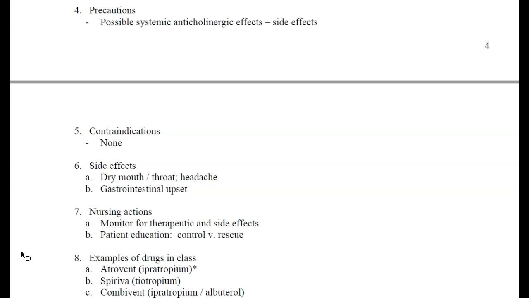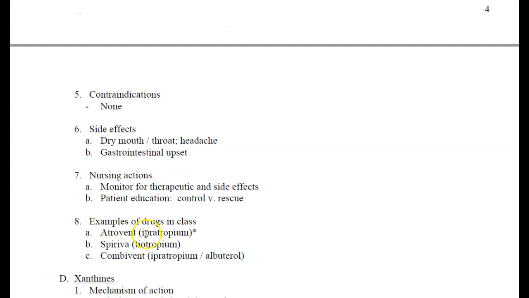Now, examples of medications in this drug class are Atrovent or ipratropium, Spiriva or tiotropium, and Combivent, which is a combination of ipratropium and albuterol. The common one that you want to remember is Atrovent. That's one of the most commonly prescribed.